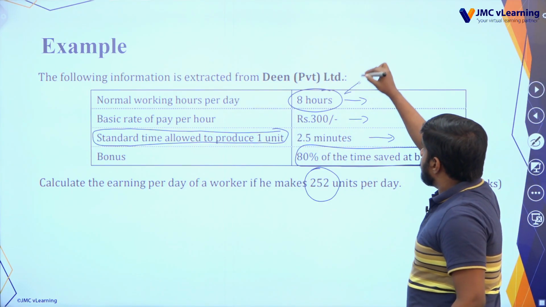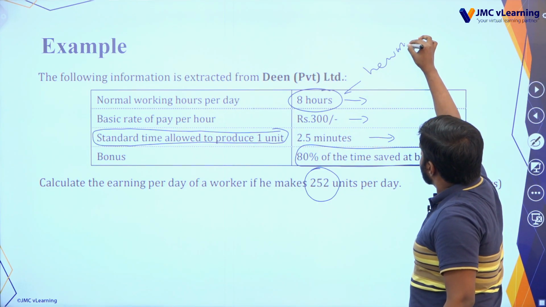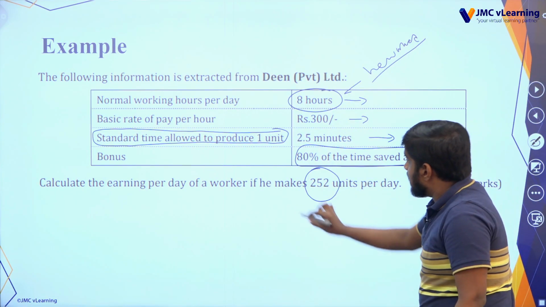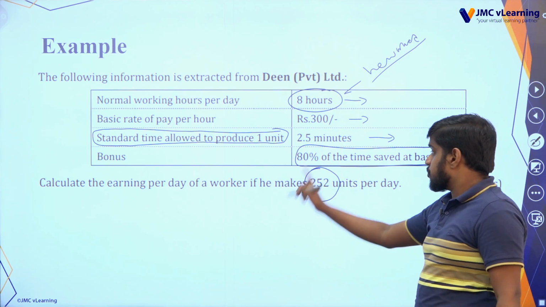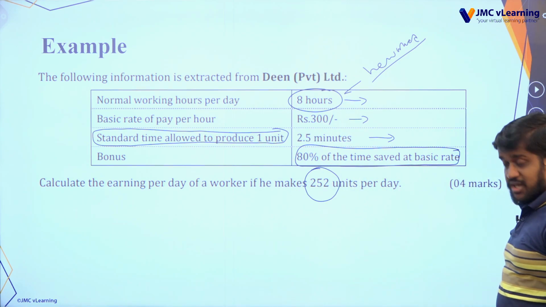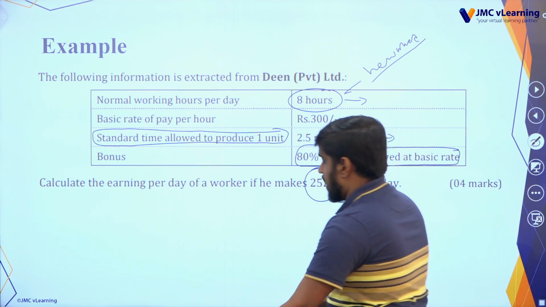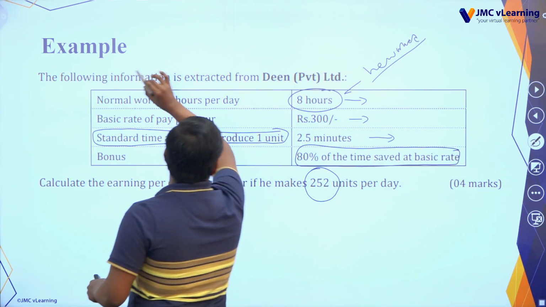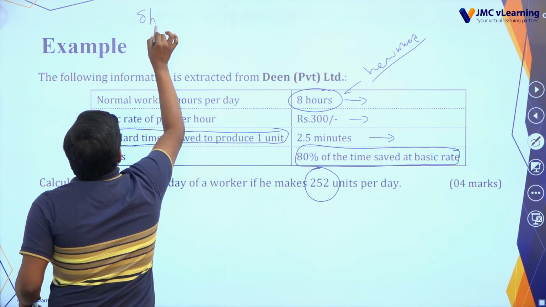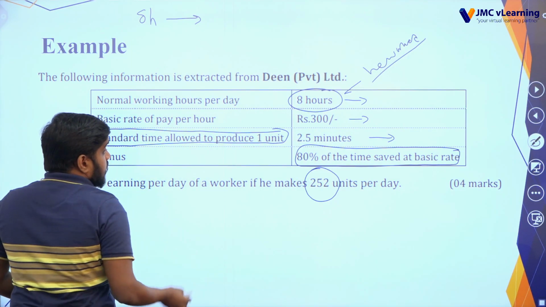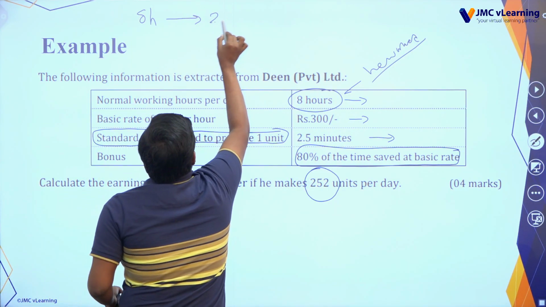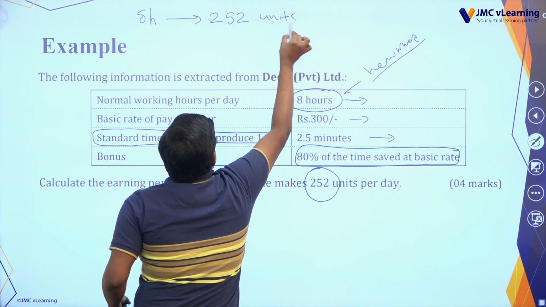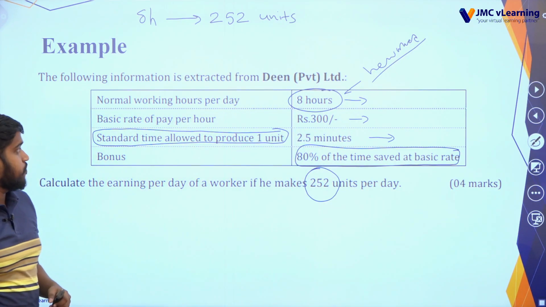That means he worked 8 hours. Using these 8 hours, he produced 250 units.